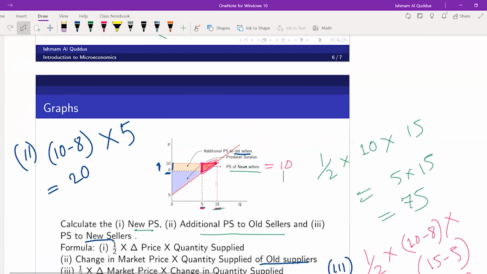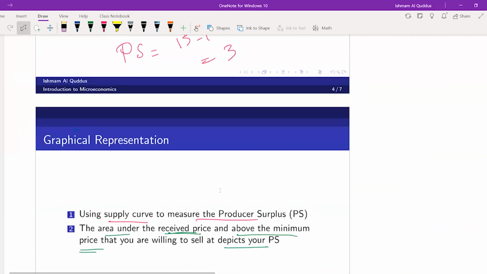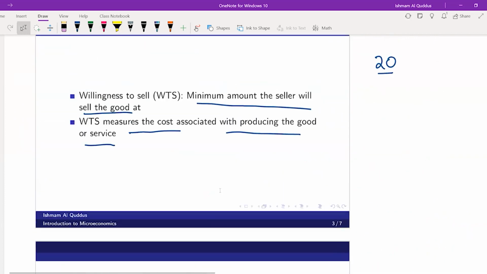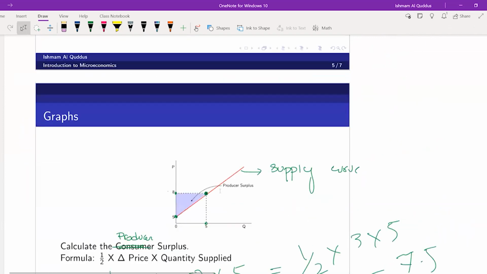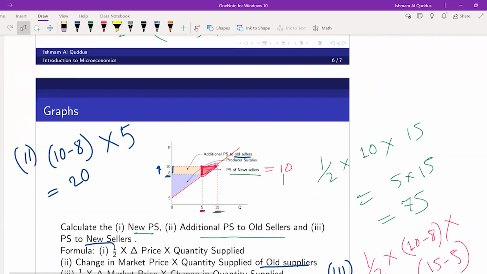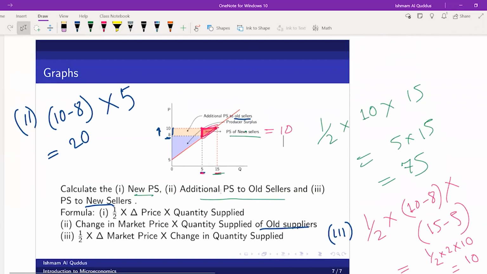Remember that producer surplus talks about the benefits on the suppliers' end. This is equally important, because if you are a policymaker, you need to keep the producer surplus side in mind as well, and how you want to establish a society where everyone benefits, and make sure there is fair trade-off between all the stakeholders.